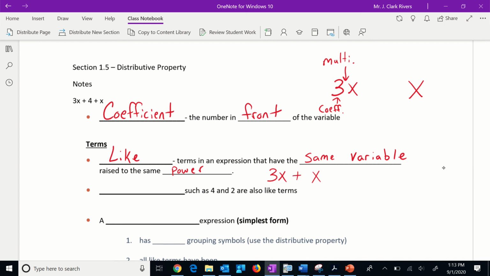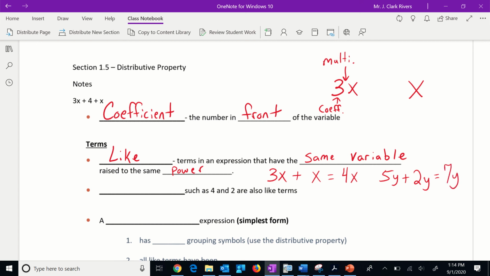If I were to add these together, 3x's plus 1x, how many x's do I have now? I have 4x. All right, let's try another. If I have 5y plus 2y, what did we get there? Plus 5y plus 2y, we have 7y.